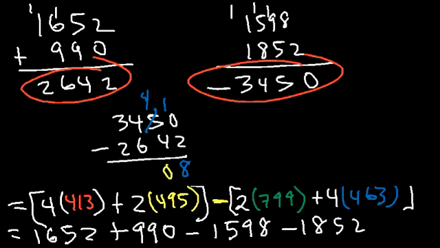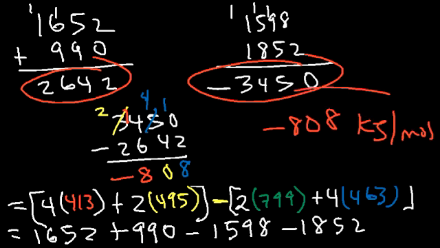And the 6 is larger than the 4, so let's borrow a 1. So this is going to turn into 2, and that's going to be 14. So 14 minus 6 is 8, and 2 minus 2 is 0. So this should be negative 808. Let's check with the calculator. 2642 minus 3450 is indeed negative 808. So that's the enthalpy change for the reaction using bond dissociation energy.